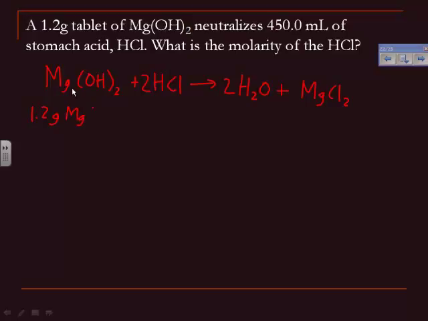We're going to start with grams of the base, magnesium hydroxide in this case. Our first step is to convert that to moles. So we're going to use the molar mass, 1 mole magnesium hydroxide. The molar mass of magnesium hydroxide can be found by adding magnesium, 24.31, plus 2 oxygens and 2 hydrogens, so 58.33 grams.